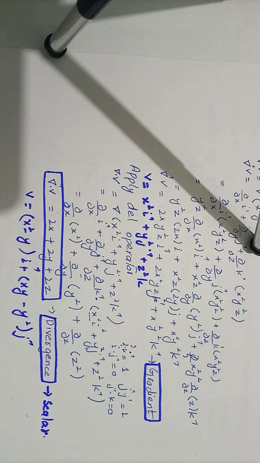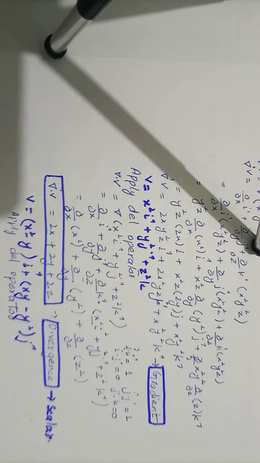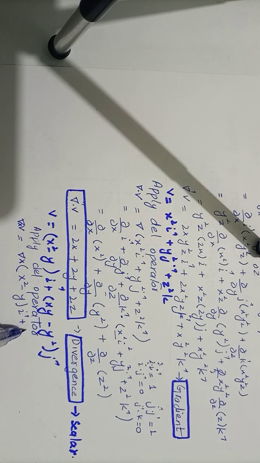We apply the del operator: del cross v is equal to del cross (x squared minus y) i plus (xy minus y squared) j.